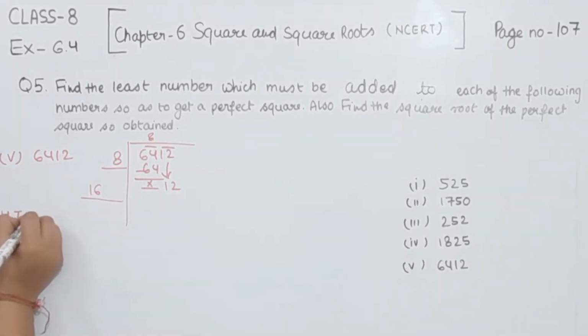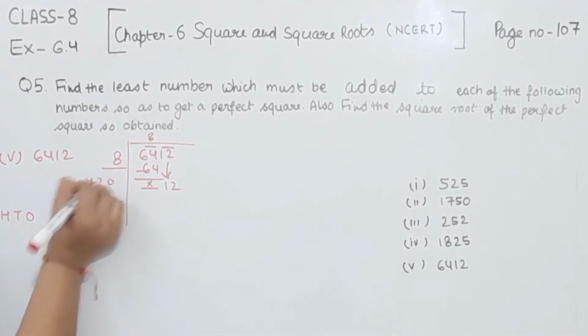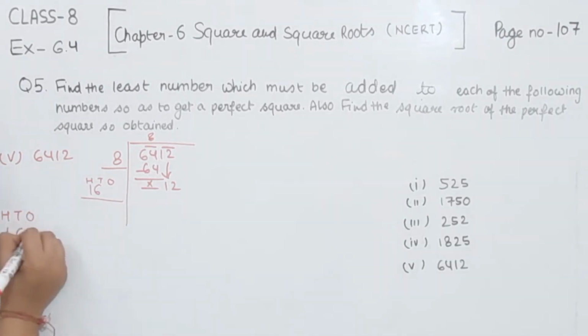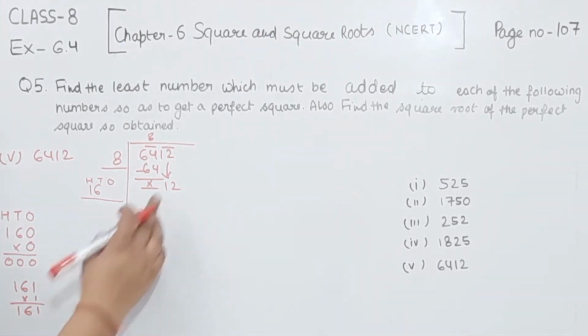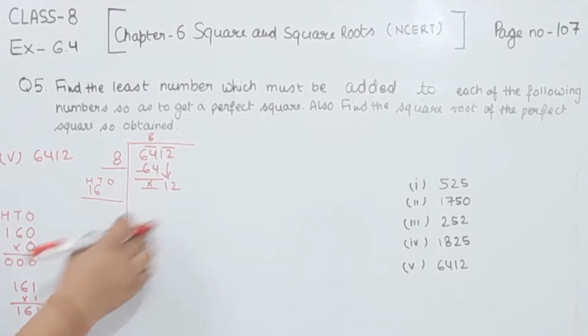Now this is the 100 place we are having and this is the tens. We have to find the ones place here. So if I am going to take 0, then this one will become 0. Now for making this one as 0. So if I am going to take 1 here, then 1 ones are 1, 1 6 are 6 and 1 ones are 1. Then we are having 161, which is much far than the 12.